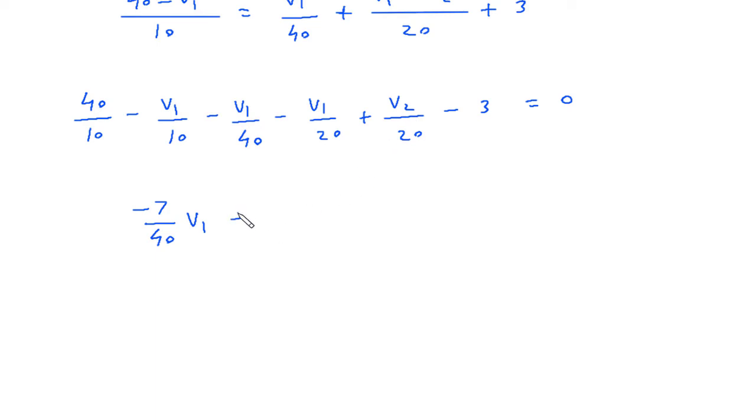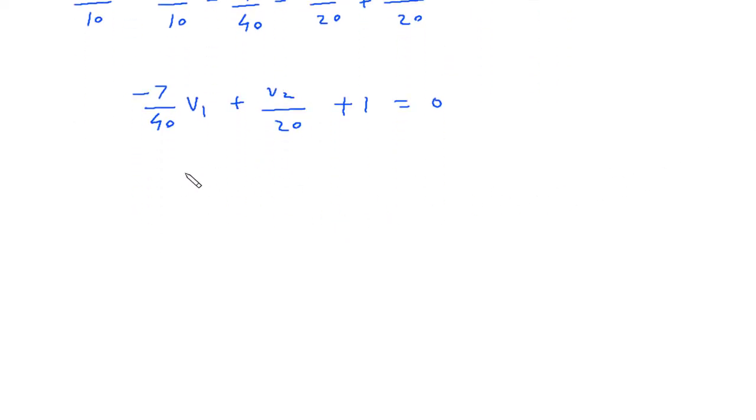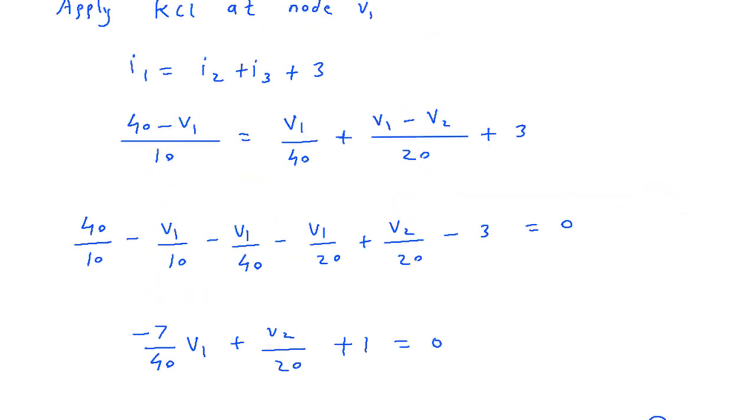Plus V2 by 20 plus 1 is equal to 0. This will be minus 7 by 40 V1 plus V2 by 20 is equal to minus 1. Let's say this is equation number 1.